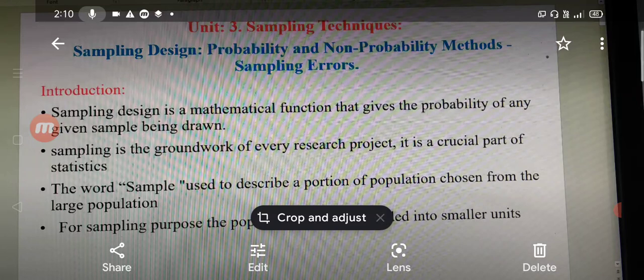Like this, the units are divided into segregations, and the sample helps to divide the respondents into units.